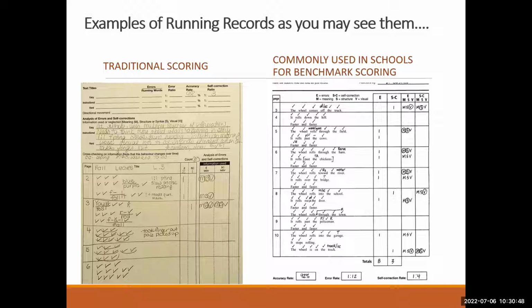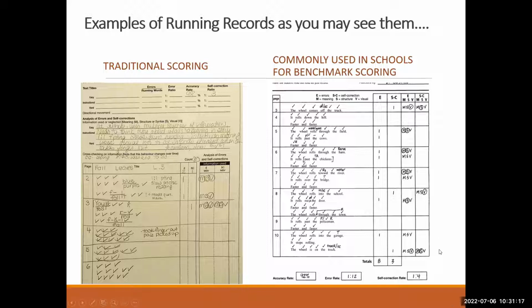And that's really handy. You don't have to have a certain form with things typed in. This on the right here is what is commonly used in the schools for benchmark testing. They will call it a running record. And truthfully, a lot of times what they're using for benchmark testing is really a combination of a running record and an informal reading inventory, because it usually has a comprehension measure.